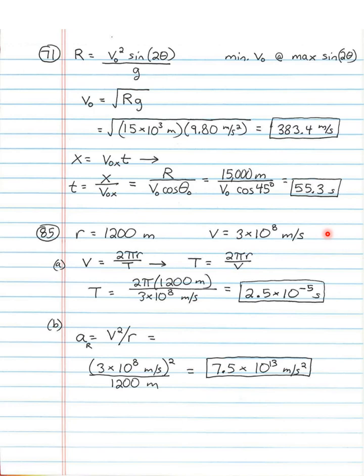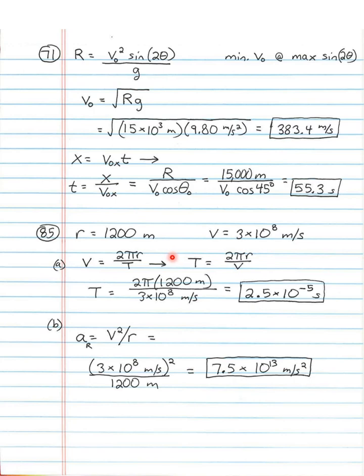I've written that with one significant figure, but really it could be three significant figures, 3.00 times 10 to the 8th meters per second. To find the period, well, let's think about the relationships between the different quantities. Going around in a circle, speed is distance over time. So going around a circle, that's circumference divided by period, 2 pi r divided by period.